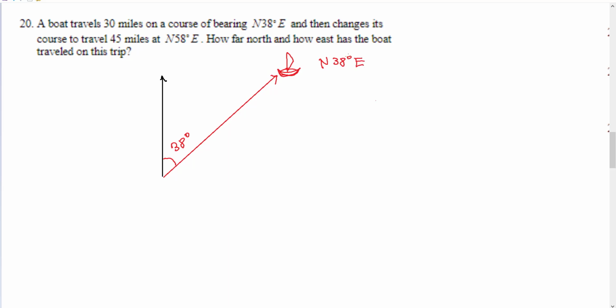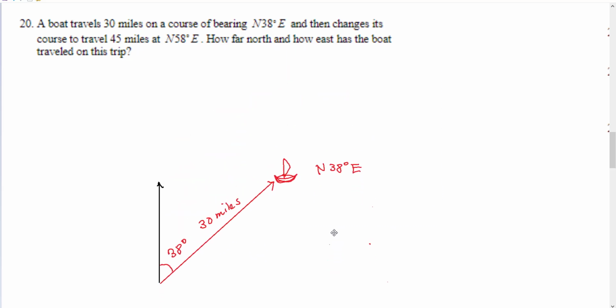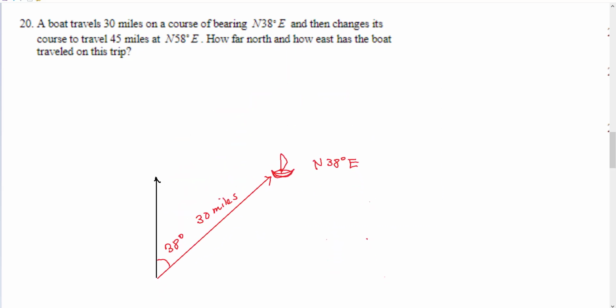Then it changes its course. The first time, the boat traveled 30 miles. After that, it changed the course and went northeast. Just one second, I need to move these drawings a little bit downward. After 30 miles of traveling, it changes the course now to north 58 degrees east.